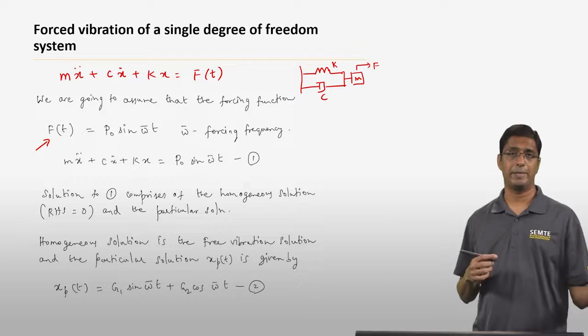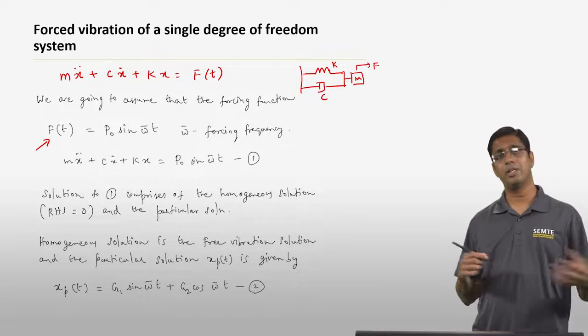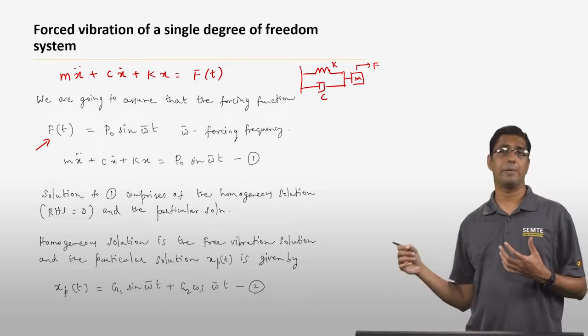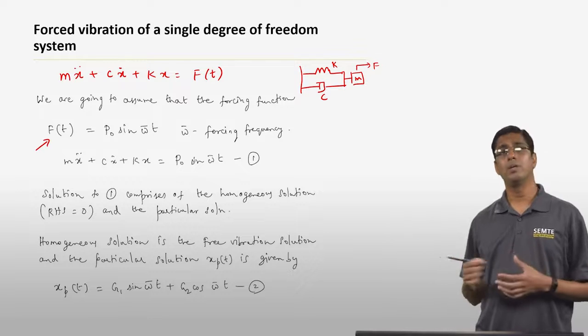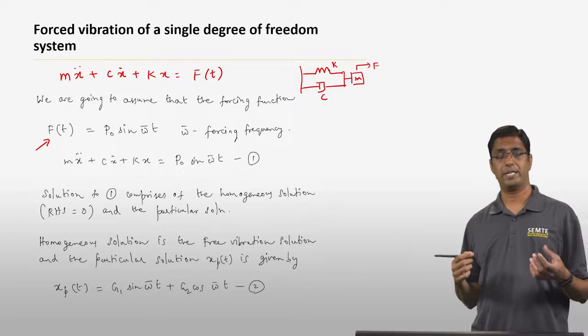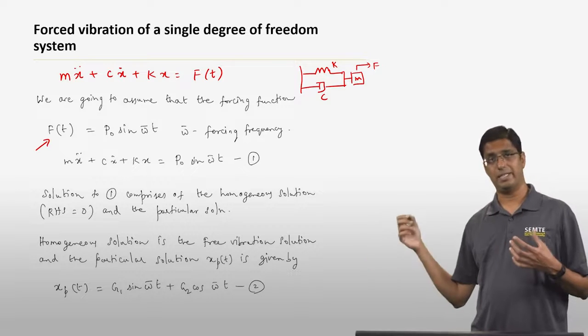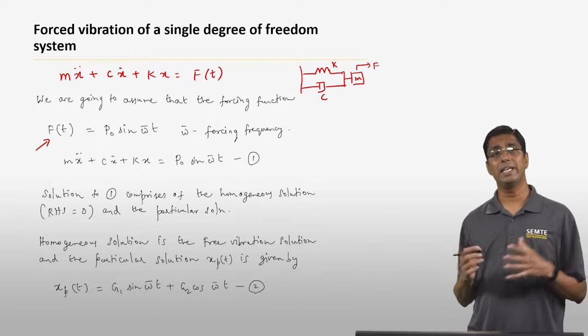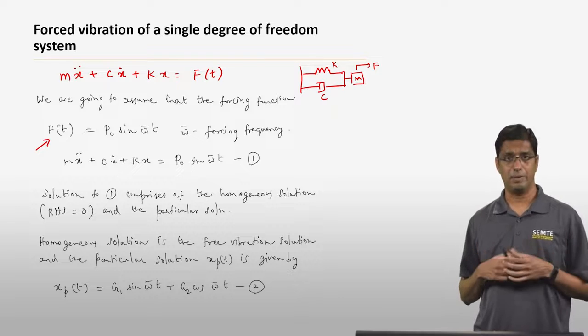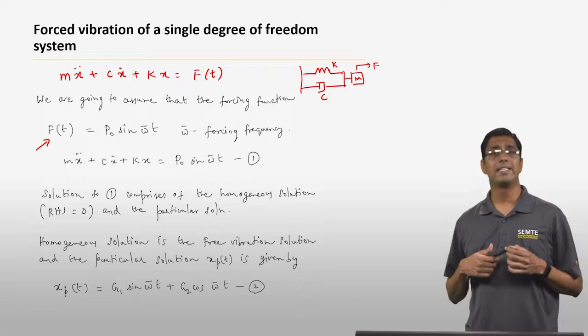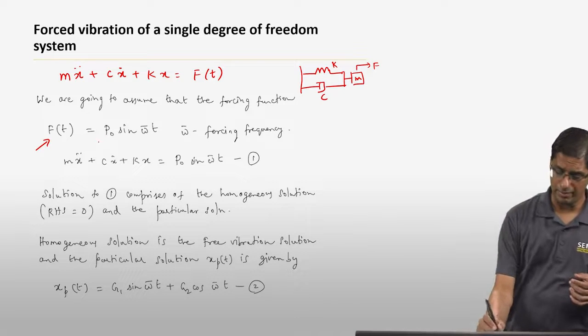So it will be sine omega bar t times some constant c1 plus cos omega bar t times some constant c2, or it could be more than one frequency, such as sine omega 1 bar t plus cos omega 2 bar t. But usually it has a sinusoidal form, and that's why we are going to look at this particular form of f of t.